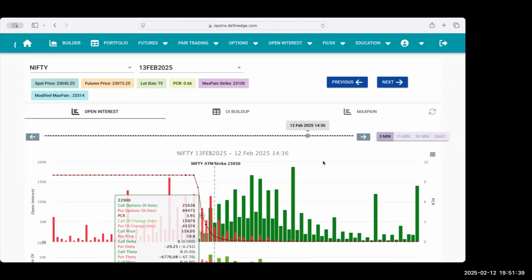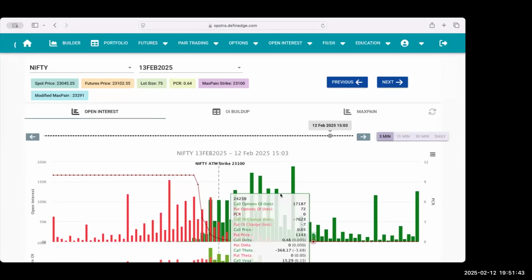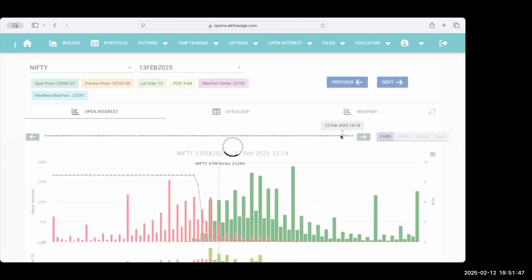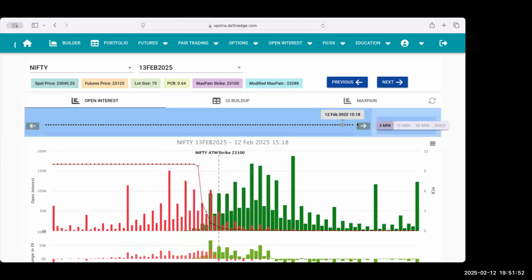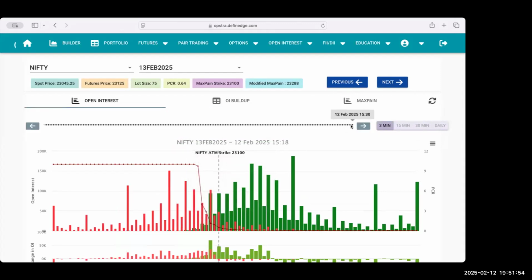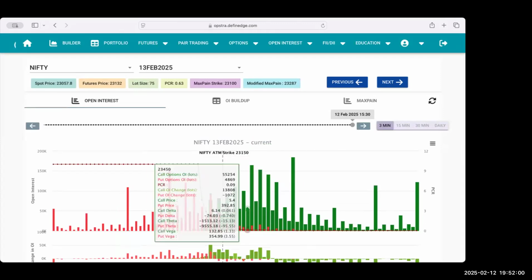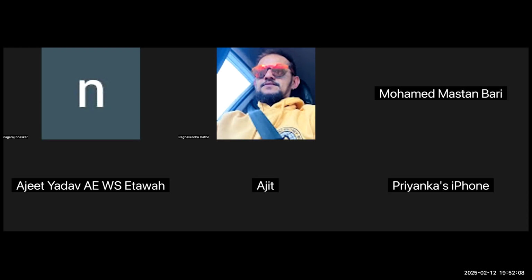So more down. Around 3 o'clock, both are holding their positions for tomorrow. Put again up, and at closing time, this was the data, but still heavy call writers are sitting. Cool.